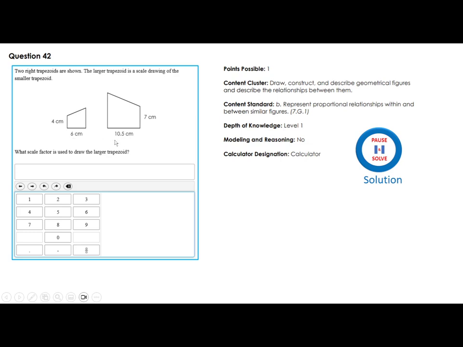That's how you get that. So it's a scale drawing, and we want the scale factor used to draw the larger trapezoid, okay? So scale factor 7 over 4 is 1.75, or you can do 10.5 over 6, you get 1.75.